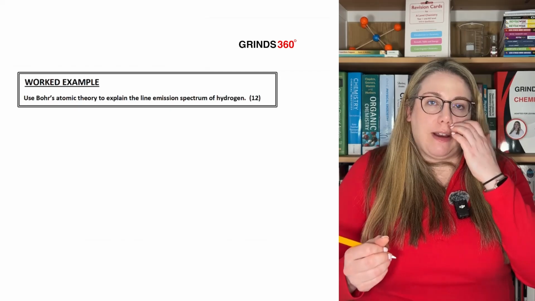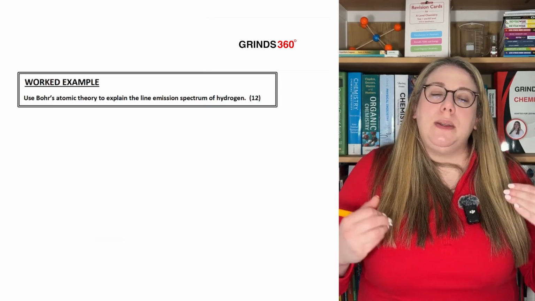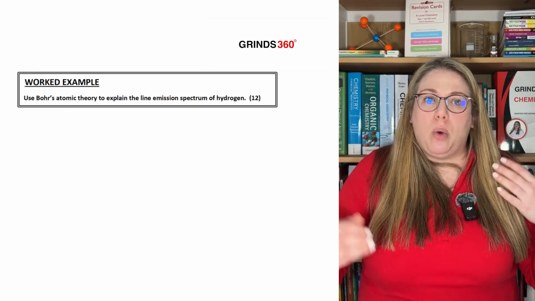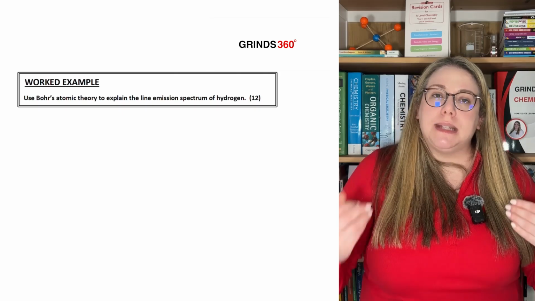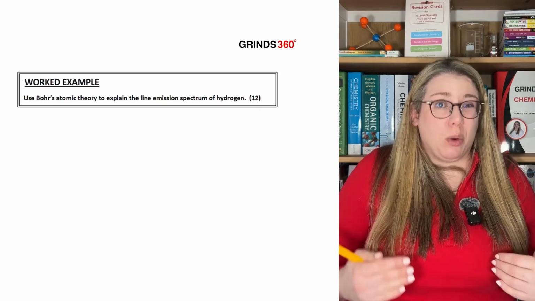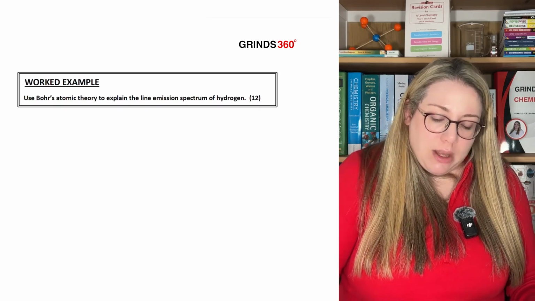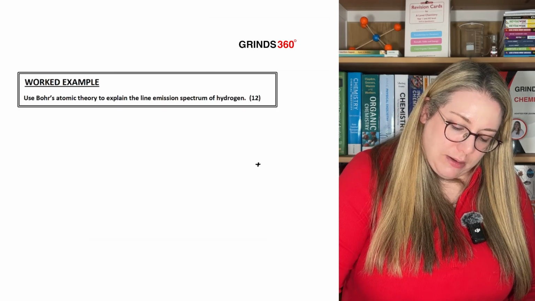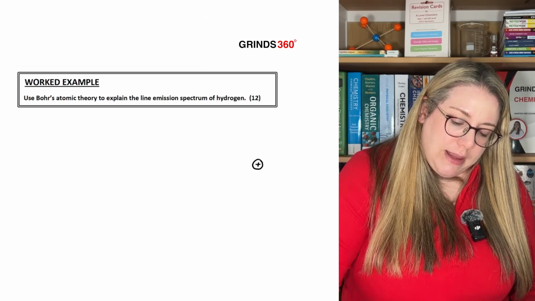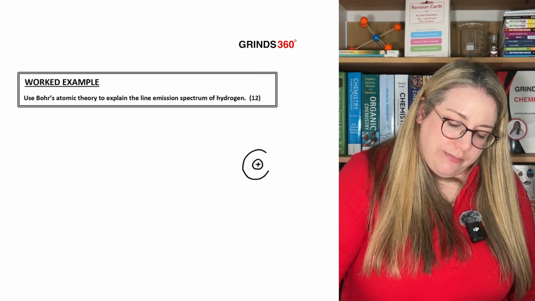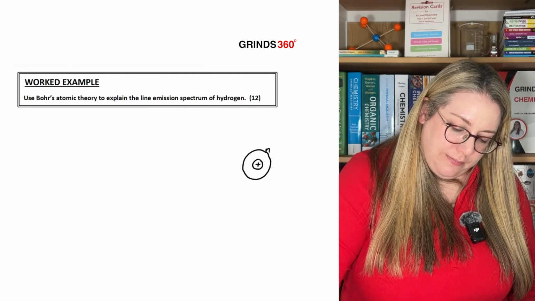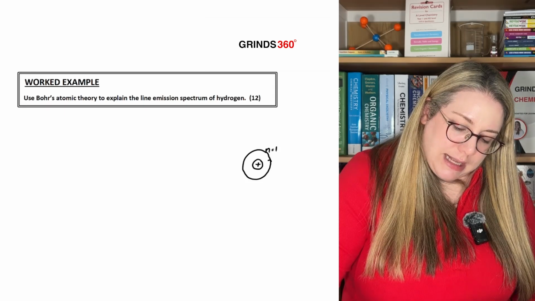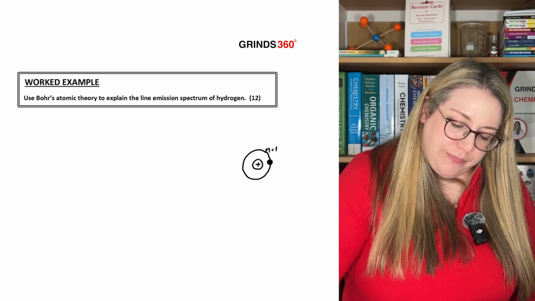Now, Bohr diagrams, or Bohr's atomic theory, only works for hydrogen. So while we use it to represent other atoms as well, it really does only work for hydrogen. So, hydrogen has your proton in the nucleus, then you have your first energy level, which is n equal to 1, and that's where I'm going to put the electron.